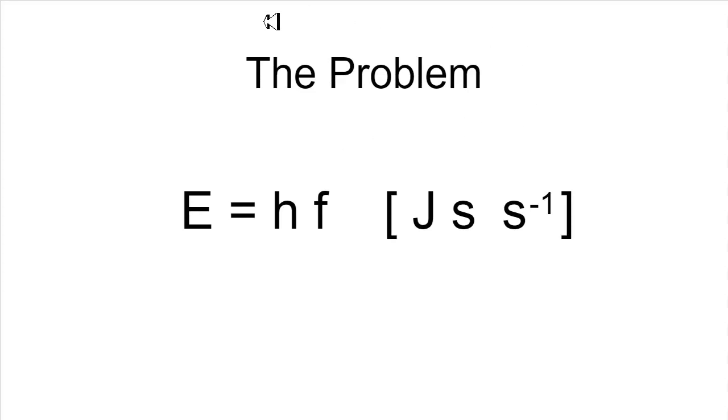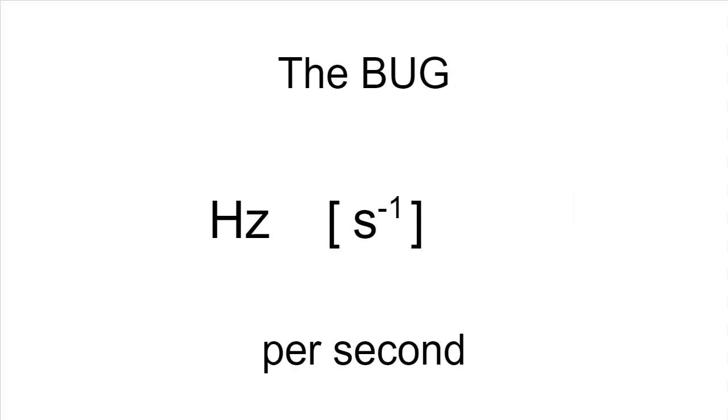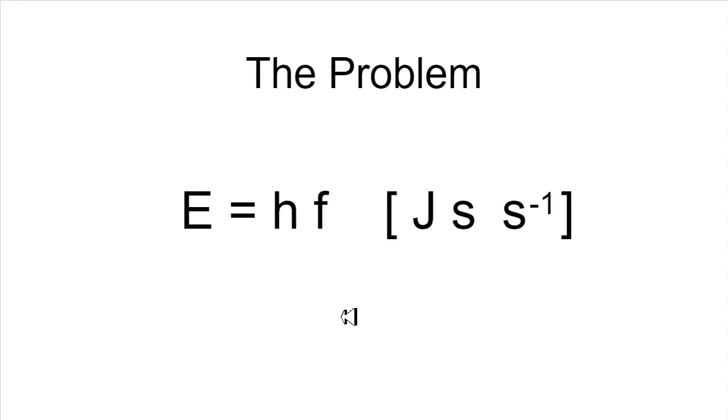So to explain the problem, I'm going to use the Planck's energy equation, and I'm just going to use the standard notation. So the units of Planck's constant in the standard language is joule times second. They refer to that as an action constant, and the units of frequency are per second. Now I want you to keep in mind that I always put units in square brackets.